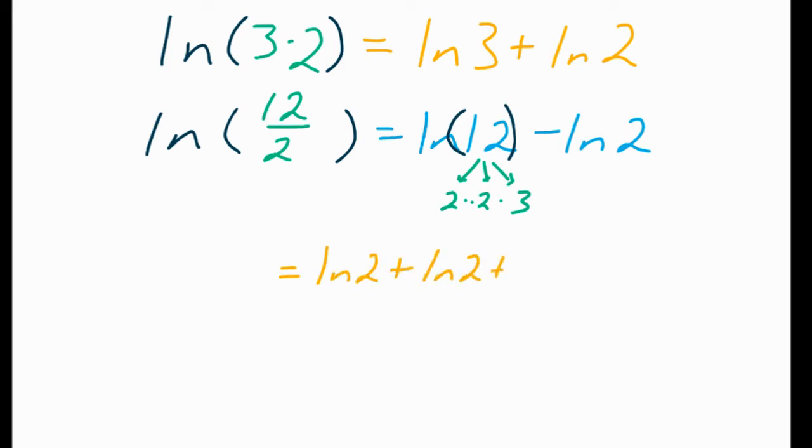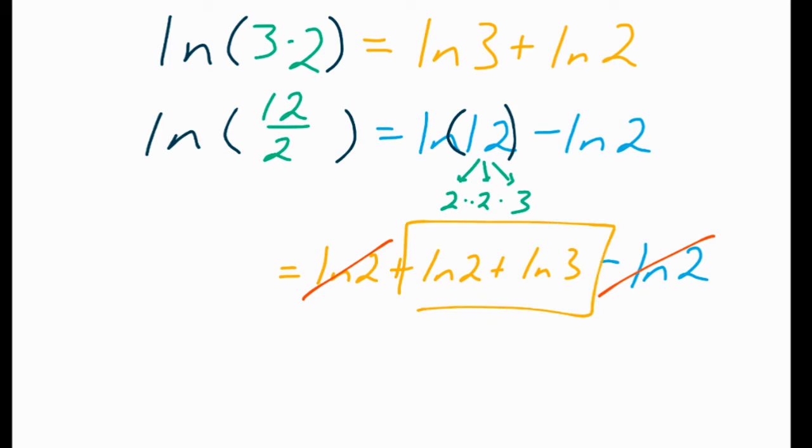And so I get the natural log of 2 plus the natural log of 2 plus the natural log of 3 minus the natural log of 2 that I already had. And you see what's going to happen here? Well, I sure hope you do, because these natural logs are going to cancel out. And would you looky here, I end up with the same thing. I end up with the natural log of 2 plus the natural log of 3.